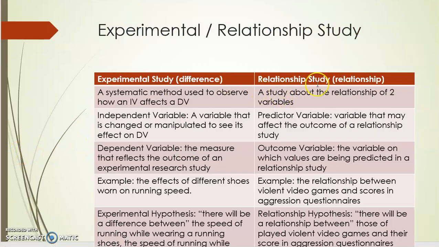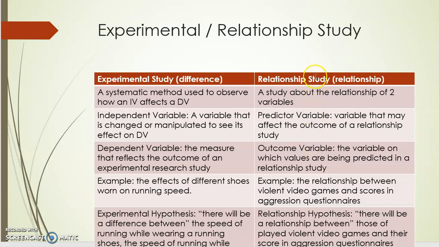Now, a relationship research study is the study about the relationship of two variables. Okay, so the two variables in a relationship study are not called independent variables and dependent variables. They are called predictor variables and outcome variables.